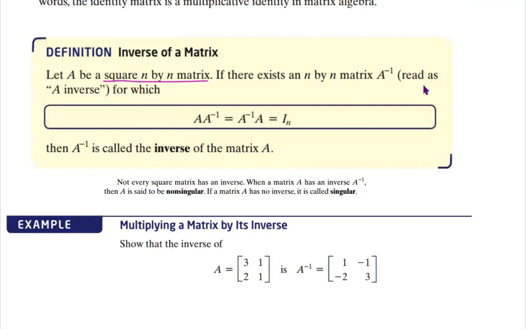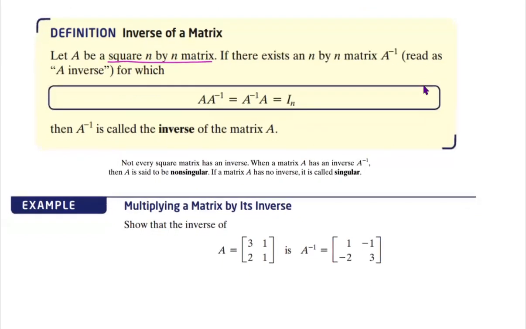So if the number of rows is not the same as the number of columns, don't even try to talk about an inverse. Not every square matrix has an inverse. Well, I know if it's not a square matrix, it has no inverse.